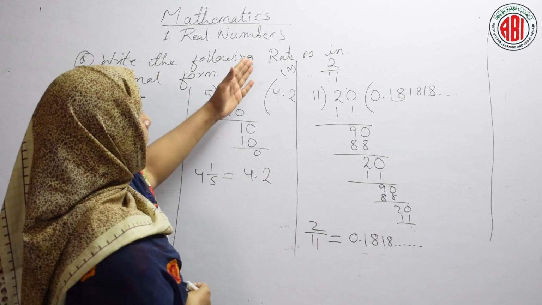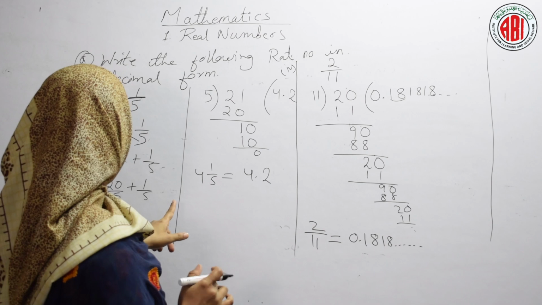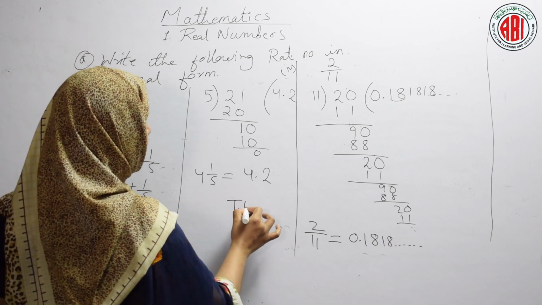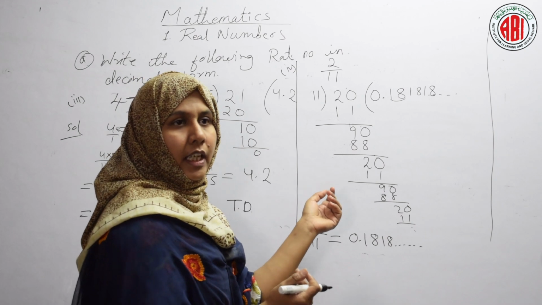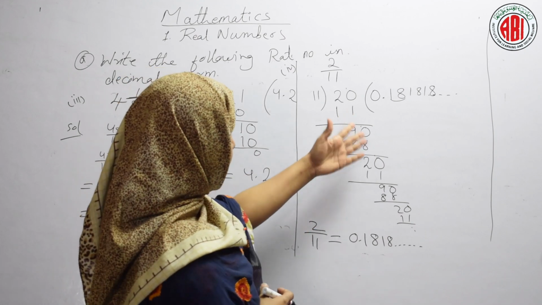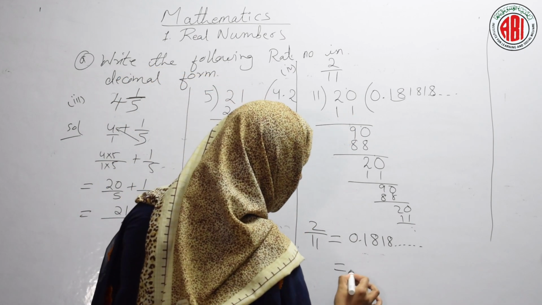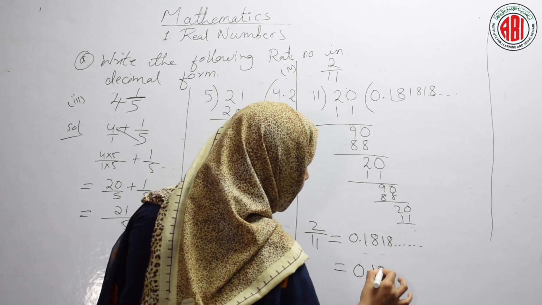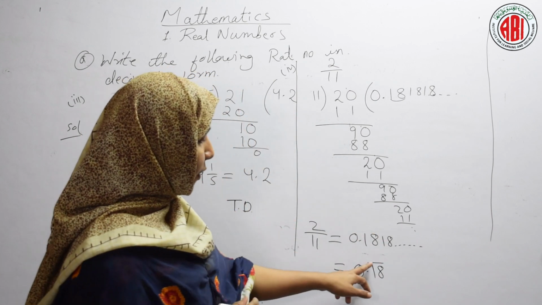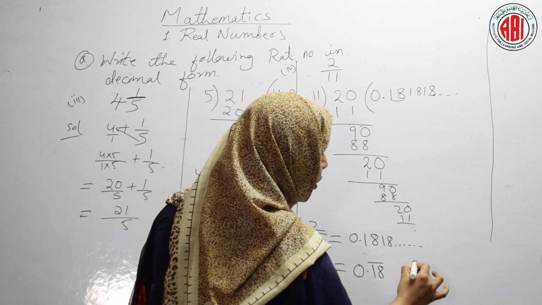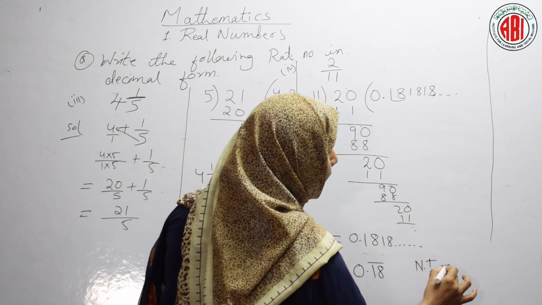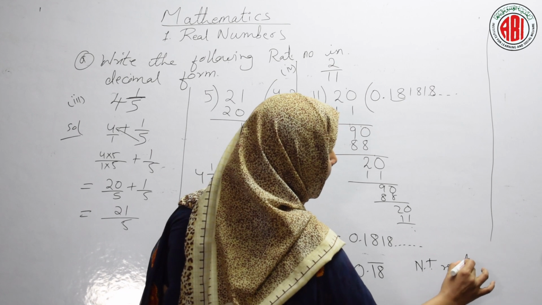As I told you, a rational number has two types, that is terminating decimal and non-terminating repeating, or you can say recurring. So it is recurring. This we can also write as 0.18 bar. This means 18 is coming again and again. So this is an example of a non-terminating repeating decimal.